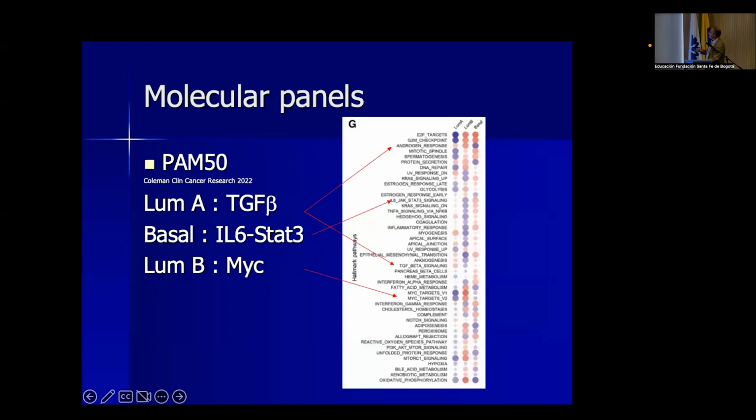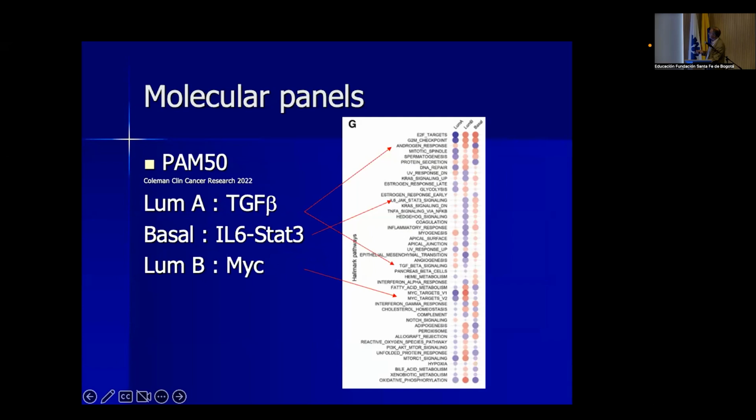But more interestingly, this molecular panel gives information about the molecules involved in the prostatic cancer. So you see here that luminal A has an impact on TGF-beta.